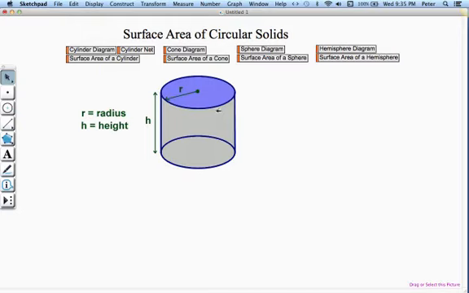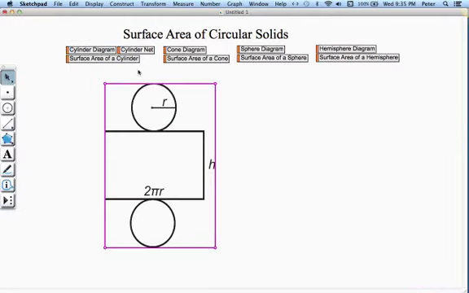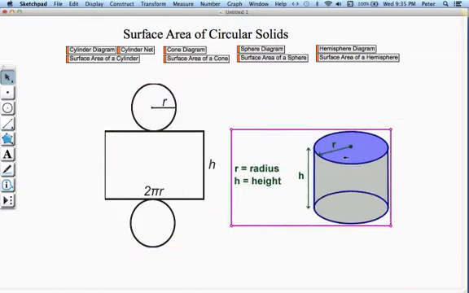Now, if we were to flatten out a cylinder into what is called a net, you'd see that the bases, when flattened out, are just circles, but this lateral region of the cylinder becomes flattened out and actually turns out to be a rectangle. Maybe we should compare the diagram right next to the net.